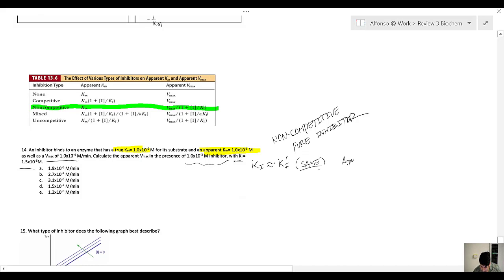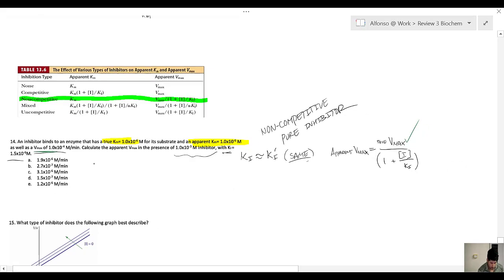The apparent Vmax is equal to the true Vmax over parentheses 1 plus the inhibitor concentration over Ki. So this is the equation for apparent Vmax. So let's see what we have. We have the true Vmax, which is this value right here.